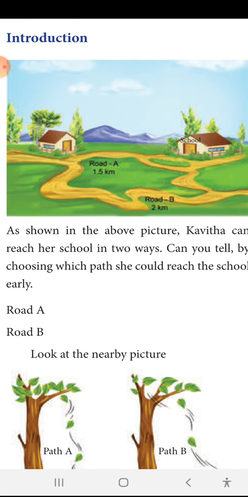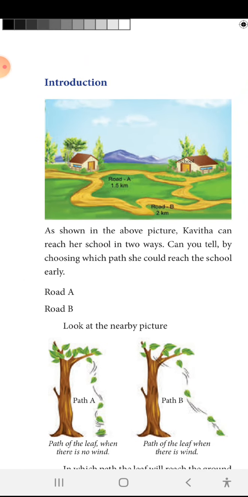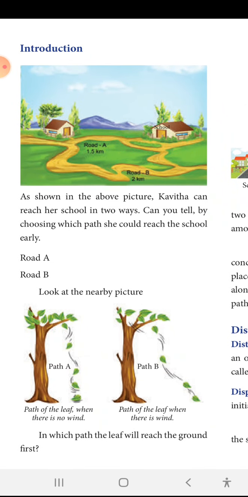The shortest distance between the school and the home is called displacement, with the direction. So as shown in the above picture, we came to know what distance and displacement are.